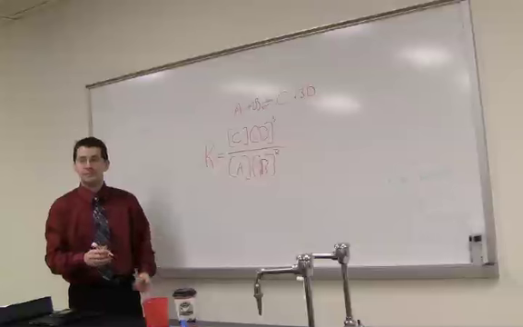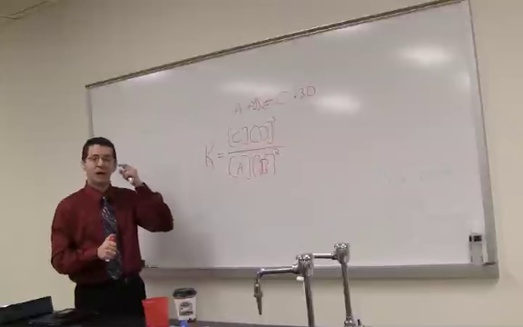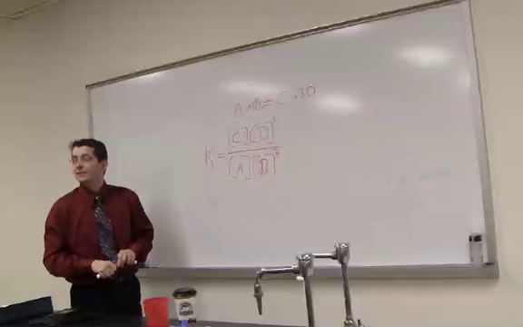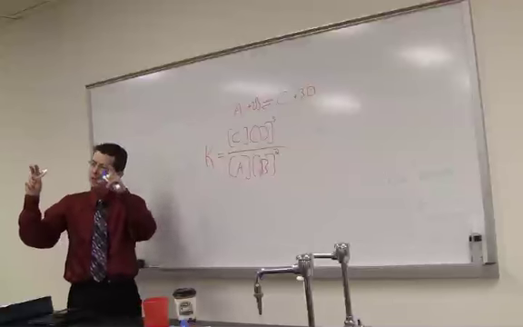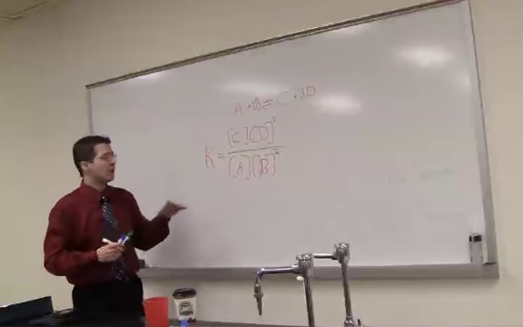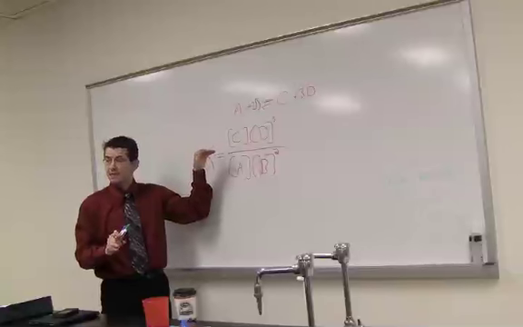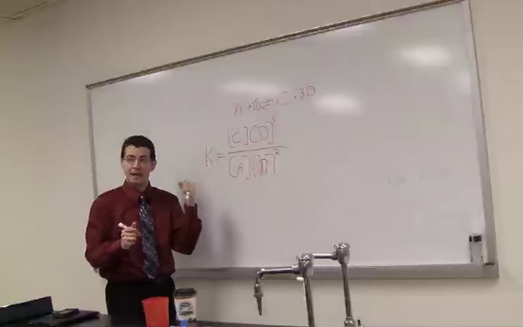So it's the products over the reactants, with the coefficients as the exponents. Now, it has nothing to do with orders, obviously, it's just so you know. Well, in actuality, it does have to do with order, because this represents the elementary steps of a forward reaction and a backwards reaction.